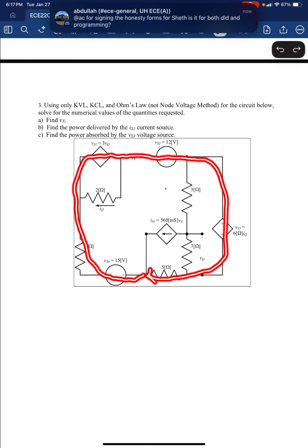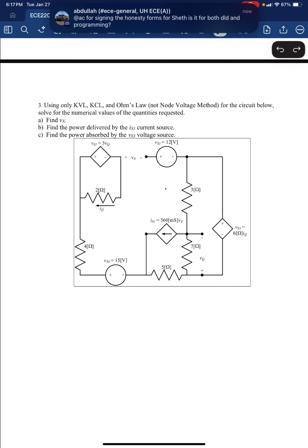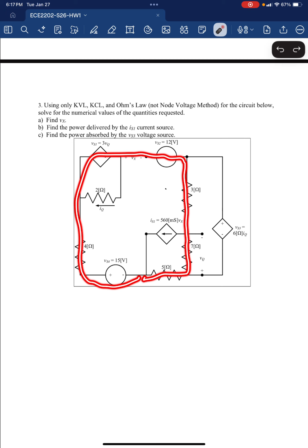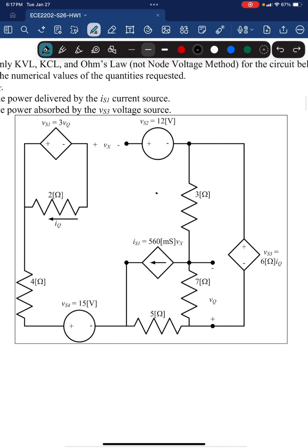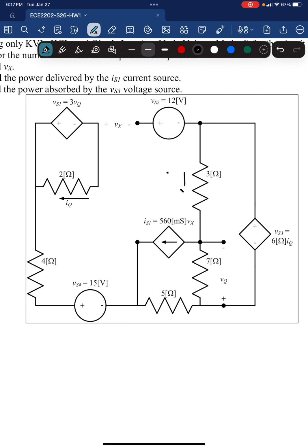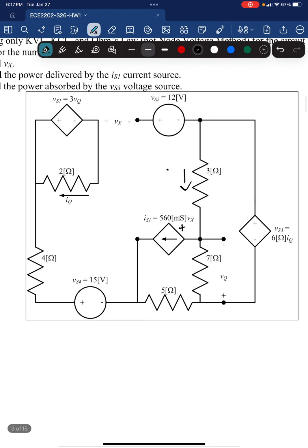Now we have some other options in terms of what we could do for a KVL, right? We could do something like this where we go down here, or we could do something like this where we go through there. But that's unfortunately going to require us to define some new variables. We'll need a current through this resistor, and we'll need a voltage across this current source. And those are all new things.